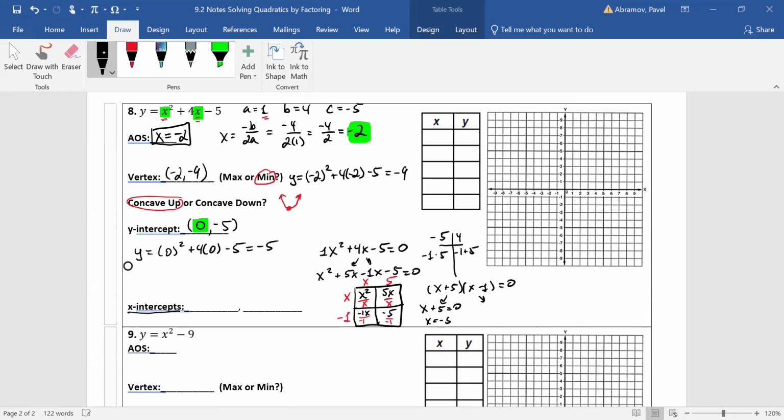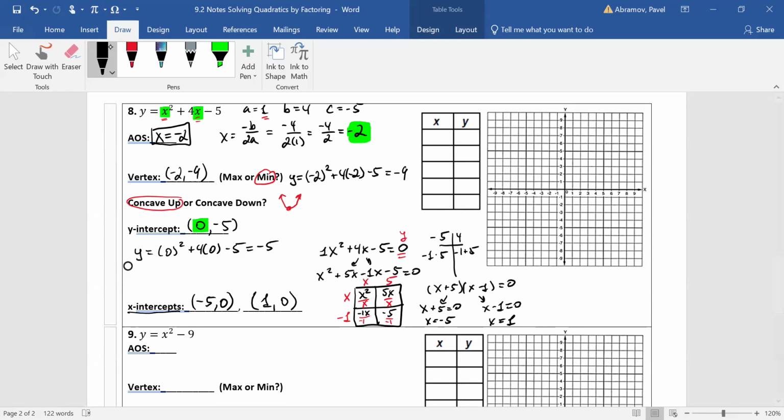So x equals negative 5, and x minus 1 equals 0, so x equals 1. Our x-intercepts are negative 5, 0, because your y value is 0, and then 1, 0.